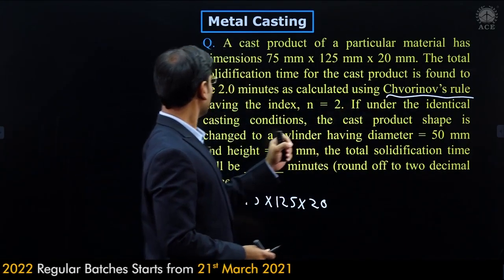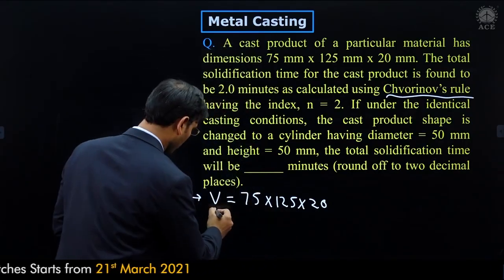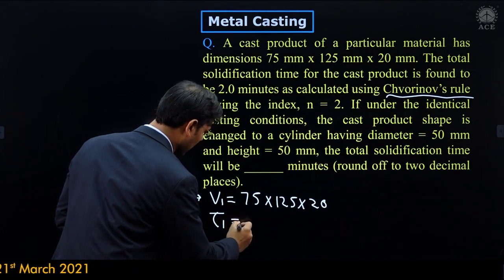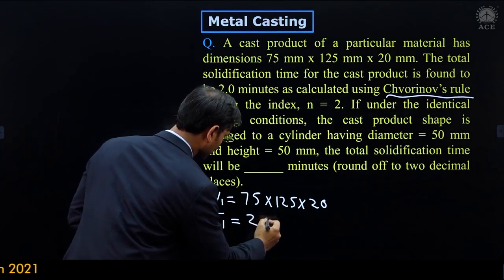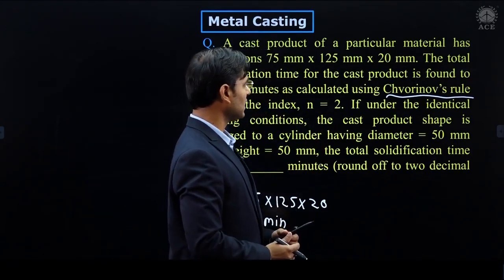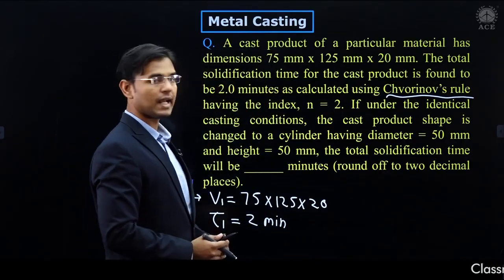The total solidification time for the cast product is found to be 2 minutes, calculated using Chvorinov's rule, having the index n equal to 2.